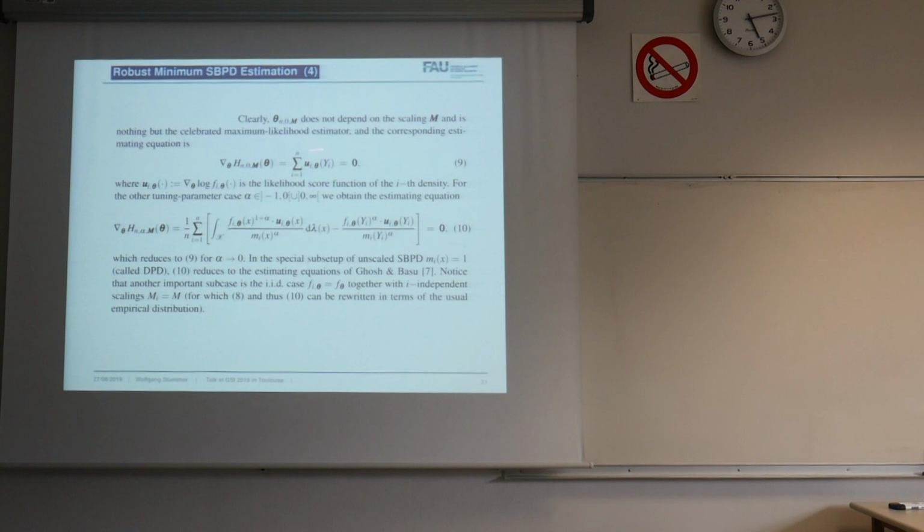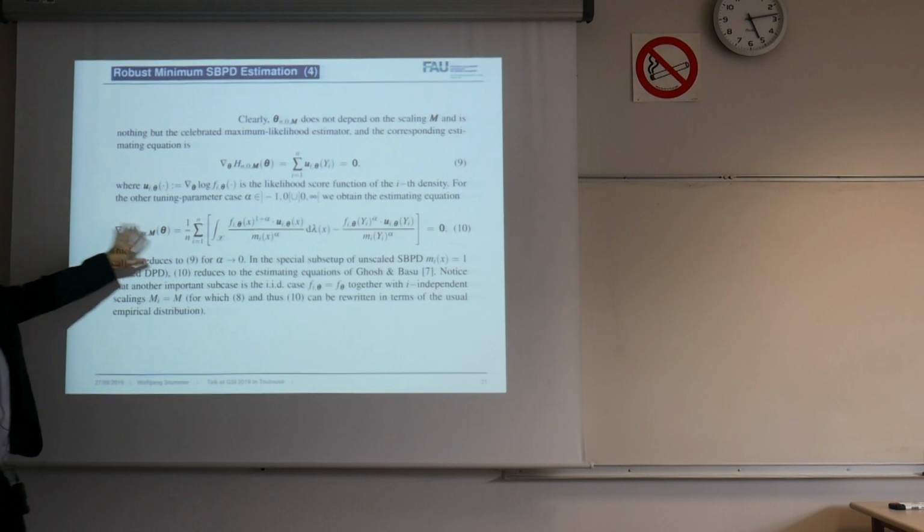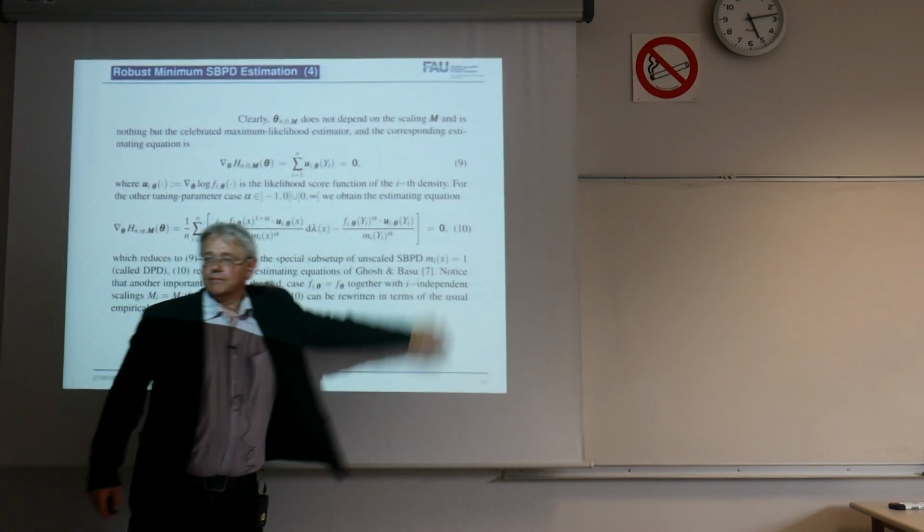And indeed, minimizing leads to the estimating equation, to be solved for theta, which is just the estimating equation of the maximum likelihood method. But in the more general case, alpha non-zero, you have to solve this equation here.